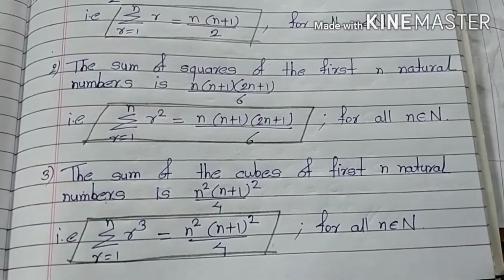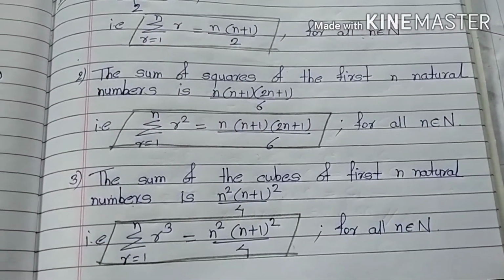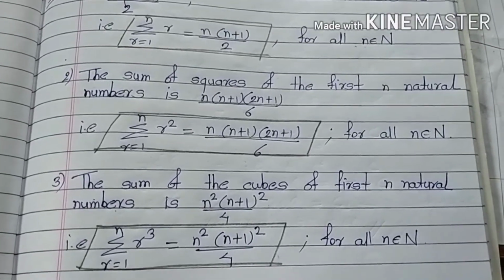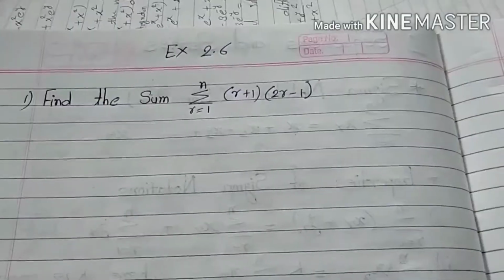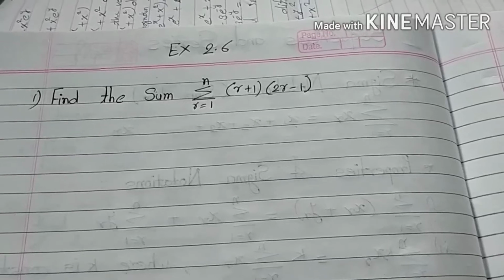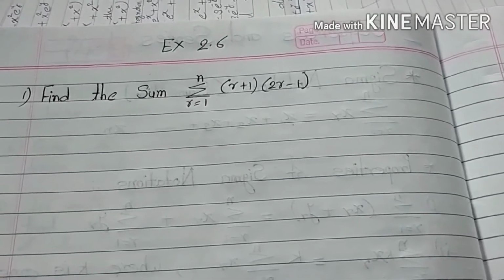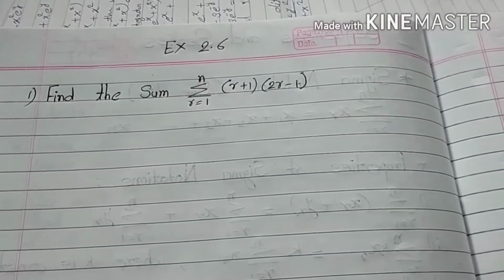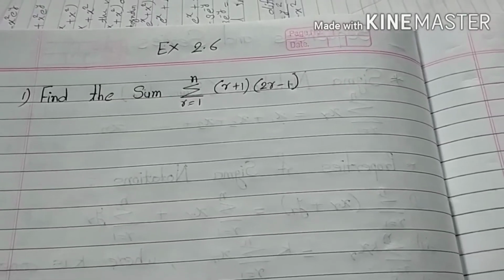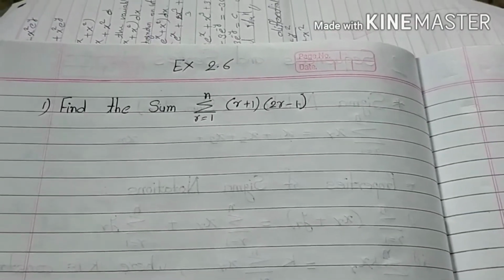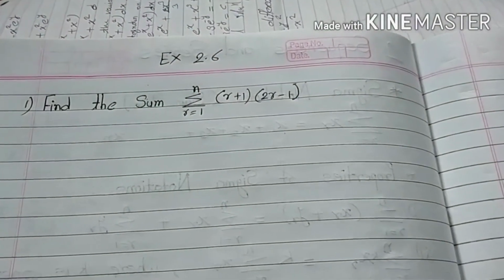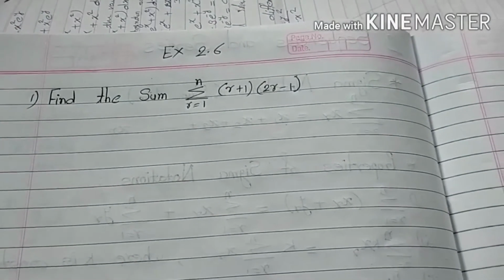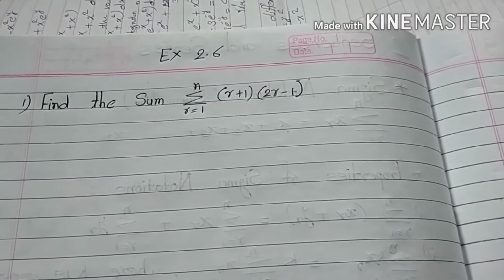Now let us start to solve the next exercise, exercise 2.6. Due to COVID-19, some part of our syllabus is deleted. From sequence and series, the arithmetico-geometric progression (AGP) form is deleted from our syllabus.